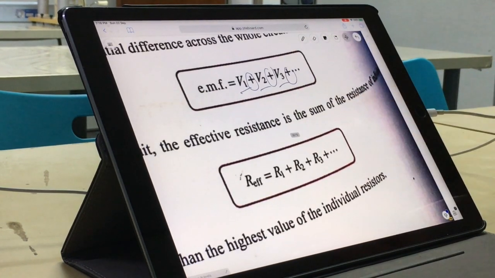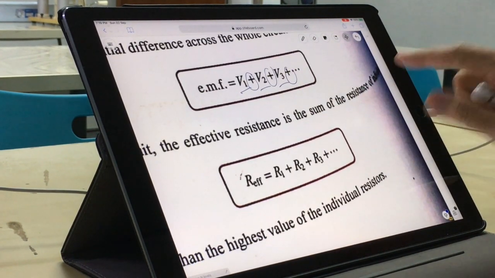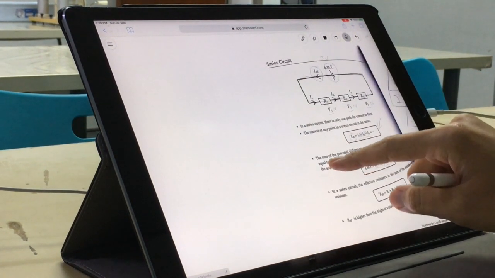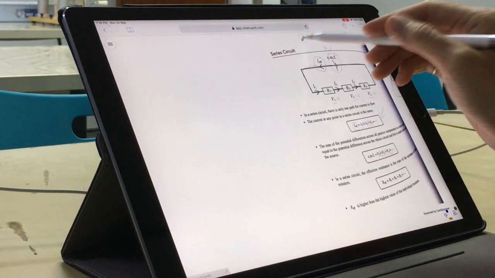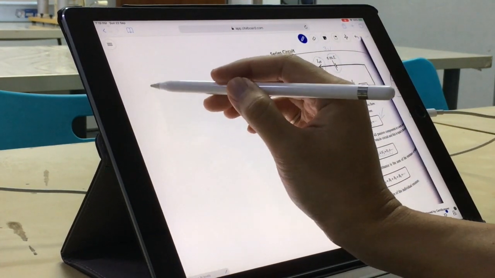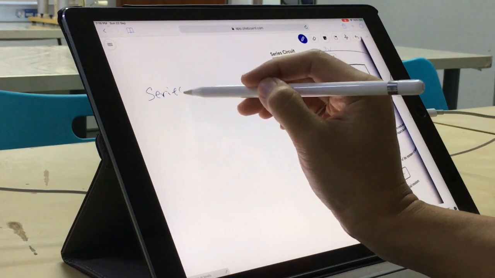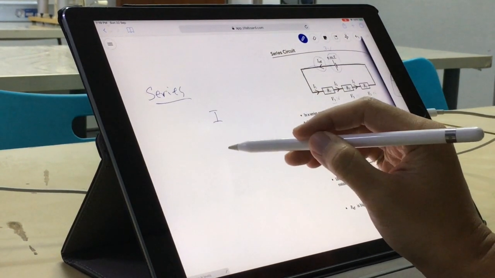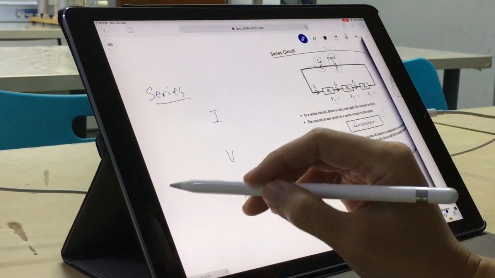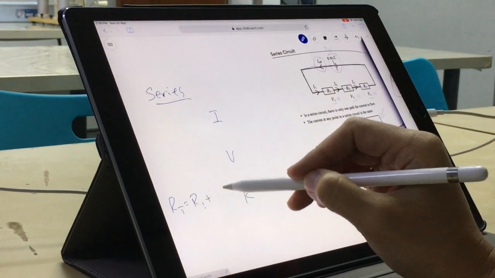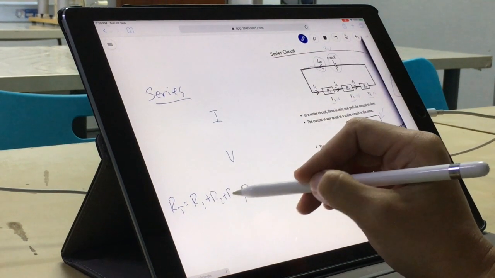Next is the resistance. The resistance is the same as the voltage, so it's R1 plus R2 plus R3. We can actually summarize this. Let me write it down on the other side. For series we have RT equals R1 plus R2 plus R3.